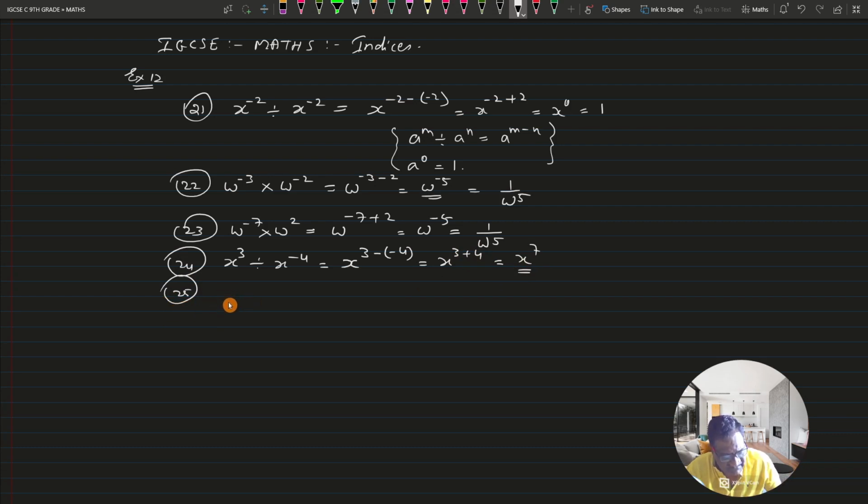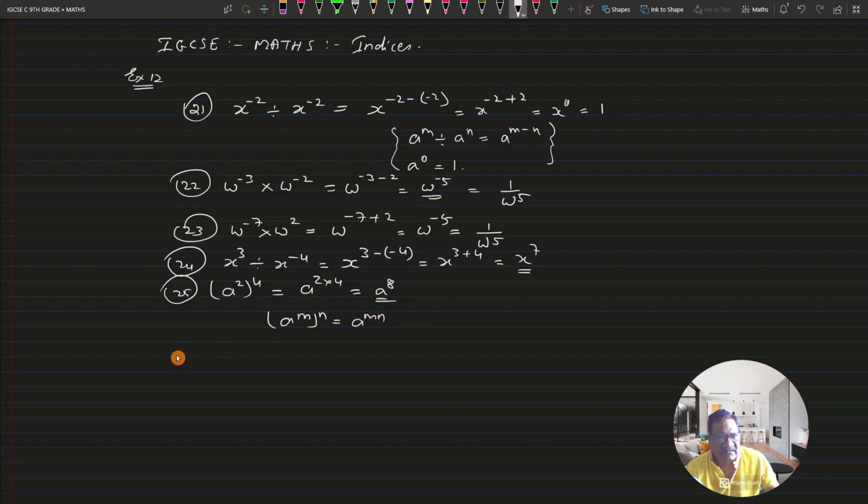25th is a squared, the whole raised to 4. Here I am going to use the law a raised to m, the whole raised to n, is equal to a raised to mn. So this will be a raised to 2 into 4, which works out to a raised to 8. This is the answer.